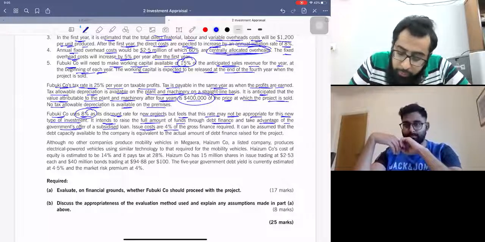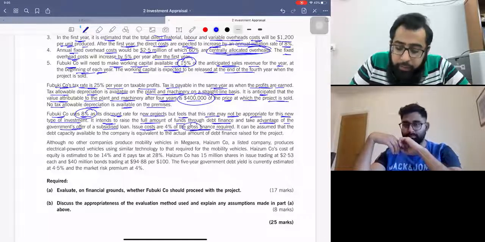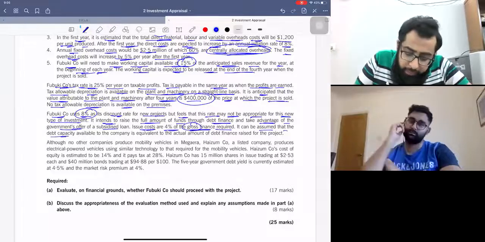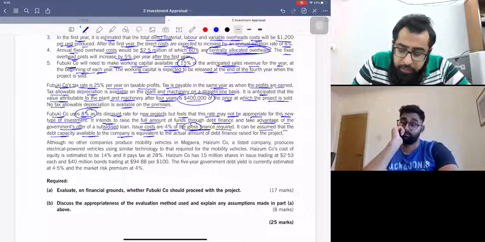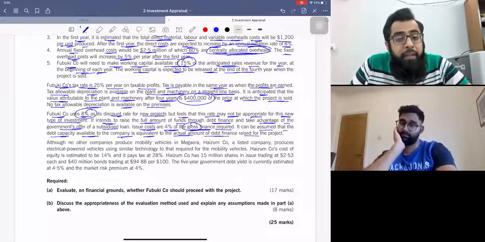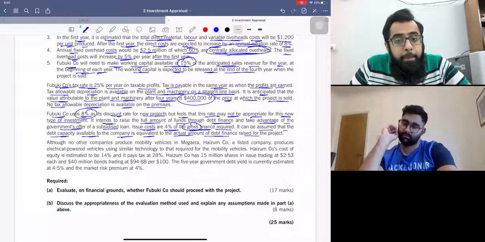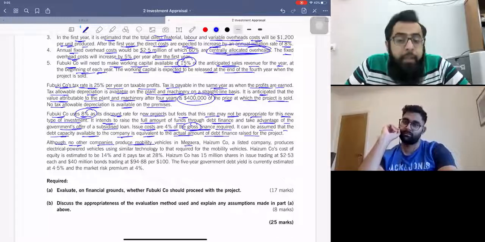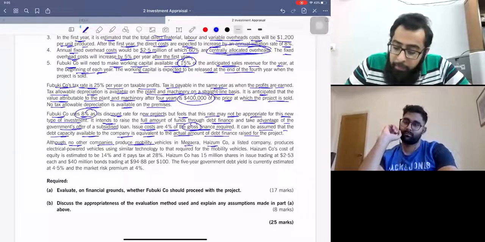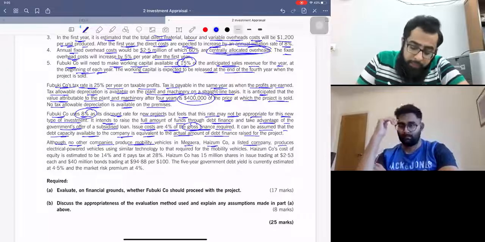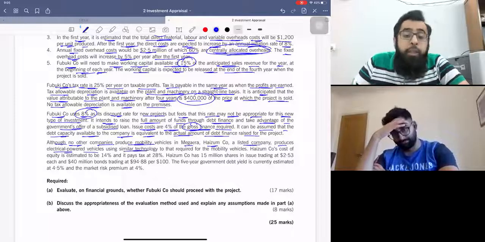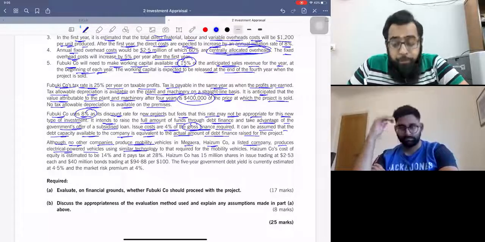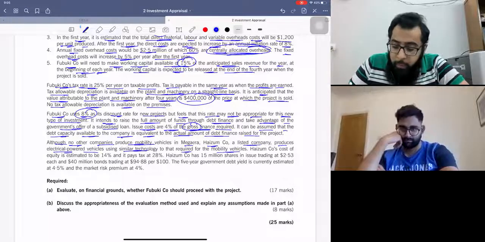Issue costs are 4% of the gross finance required. It can be assumed that debt capacity available to the company is equivalent to the actual amount of debt finance. Although no other companies produce mobility vehicles in Migira, Hyzem company, a listed company, produces electrical powered vehicles using similar technology to that required for mobility vehicles.